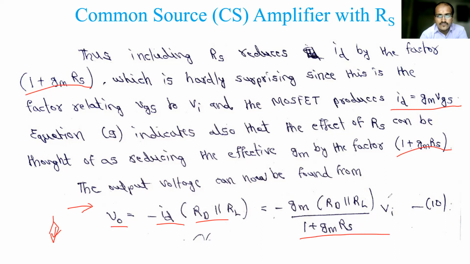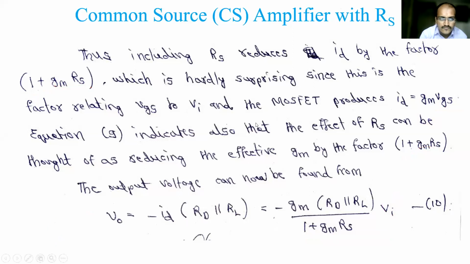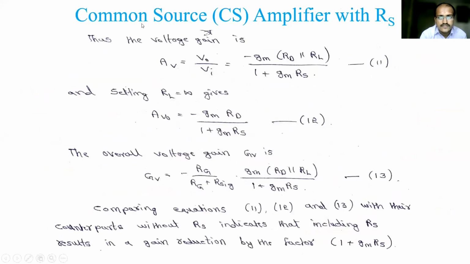If you take VI to the denominator, this factor is now your voltage gain. Thus the voltage gain is AV equals V0 by VI, equals minus GM RD parallel to RL over 1 plus GM RS. The same equation, just VI taken to the denominator.